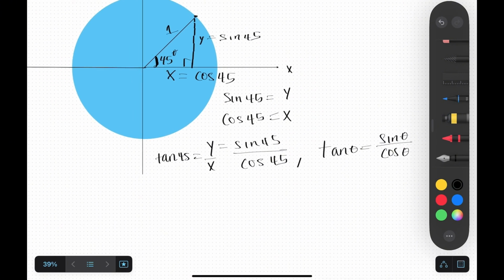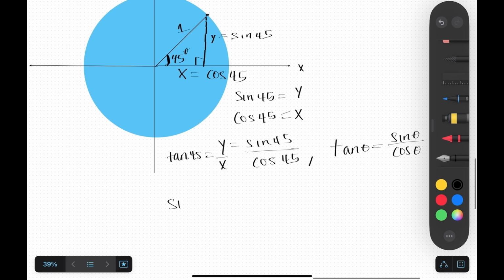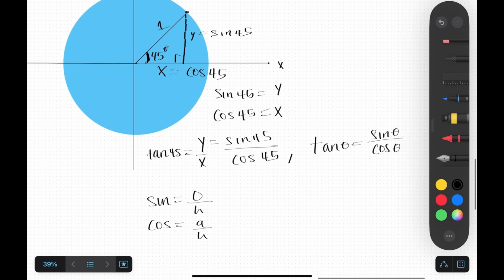You can show this algebraically like this. Remember, sine is equal to opposite over hypotenuse, and cosine is equal to adjacent over hypotenuse. Dividing these two and flipping cosine gives us opposite over adjacent, which is tangent.